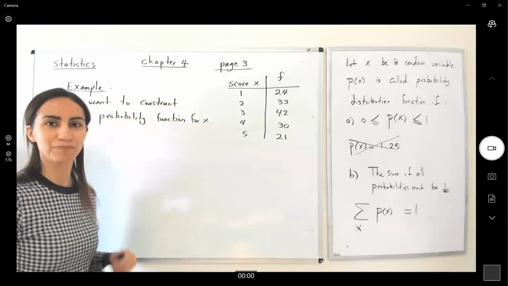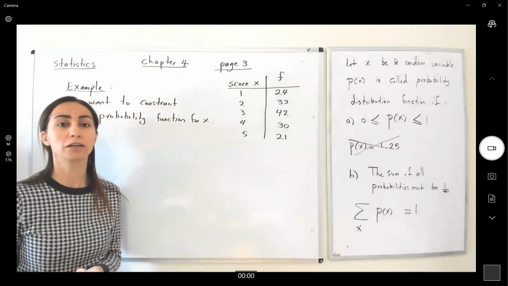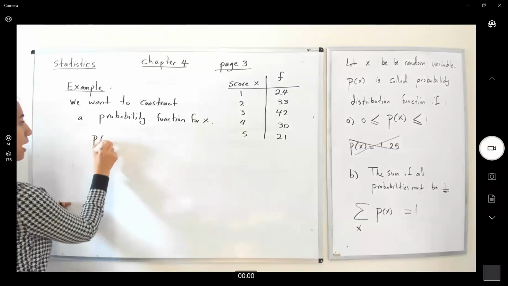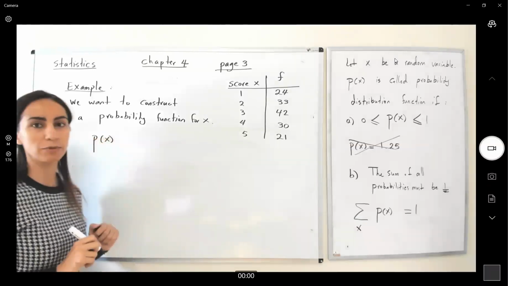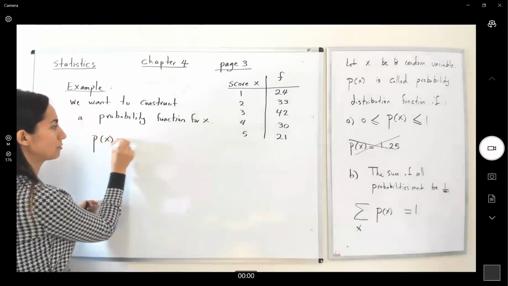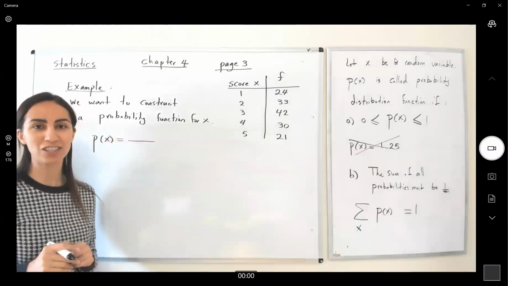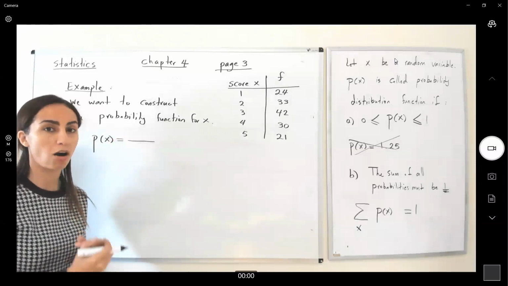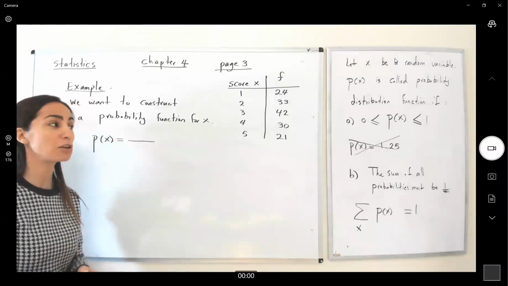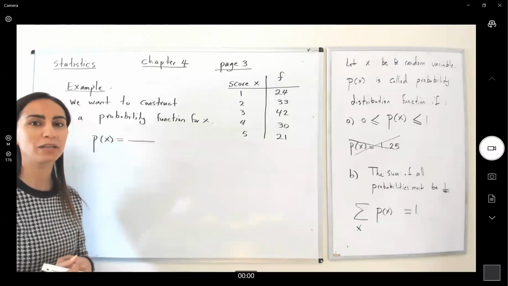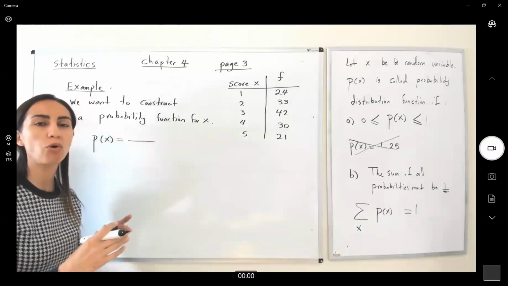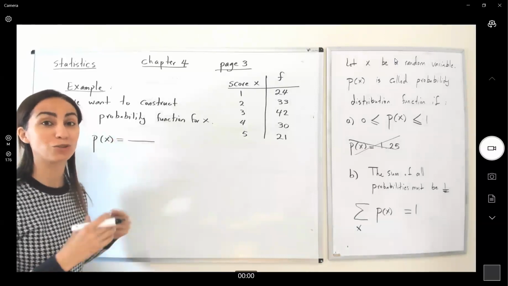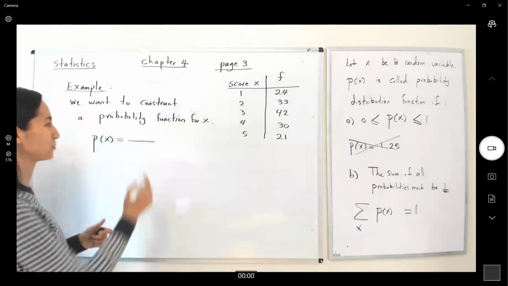So how did we define probability? Probability of an event or a variable is defined as a fraction. On the numerator, you have the occurrence of that event or variable. On the denominator, you have the total frequency or the total number of values in your sample space.